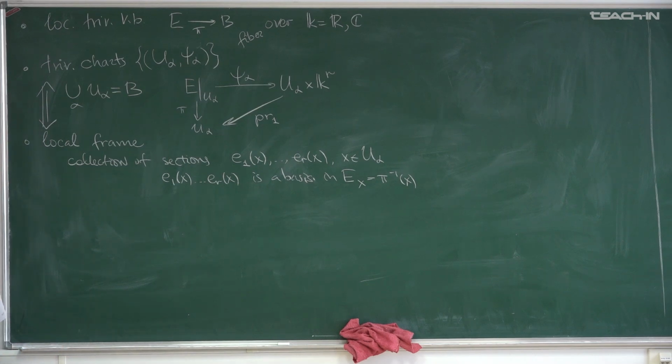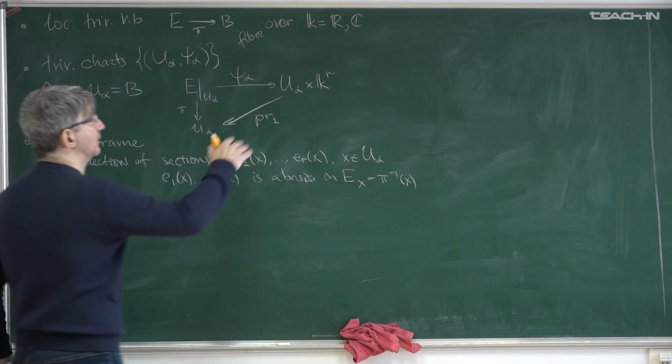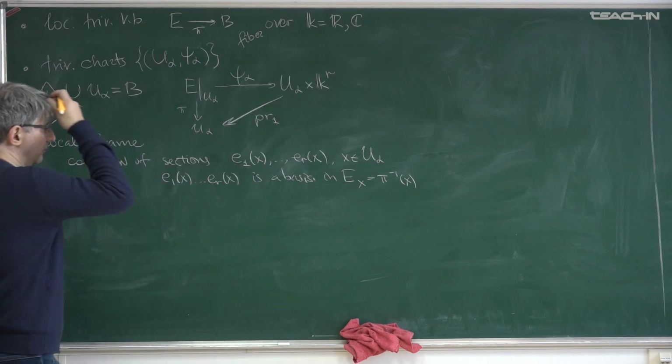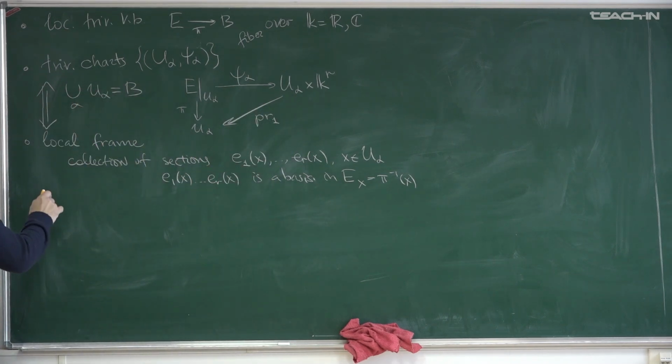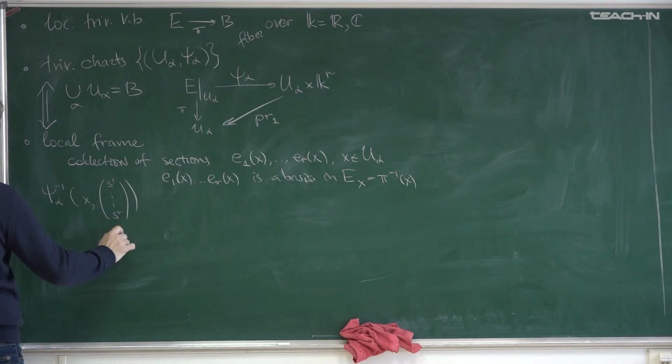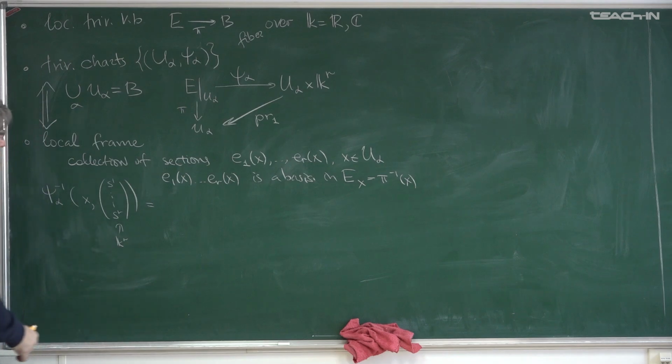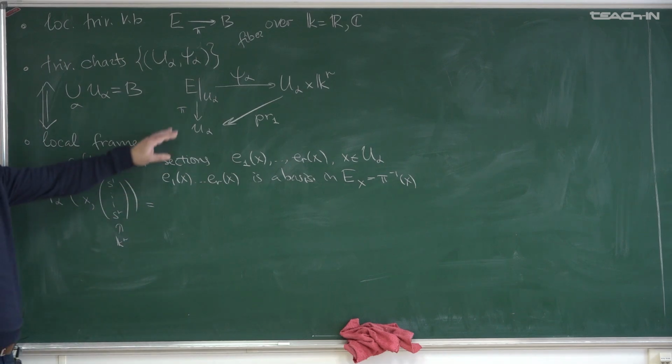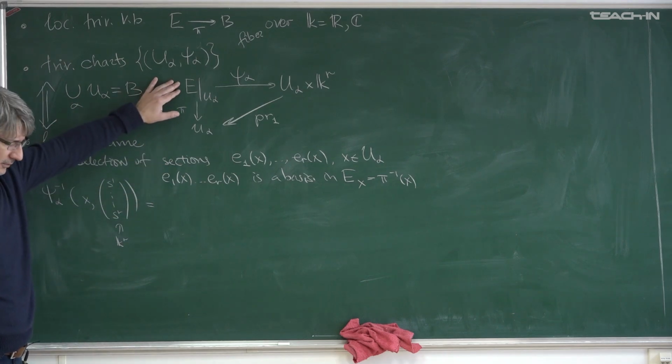So the formula which relates this thing and that thing is very simple. Psi alpha inverse of a point x and a collection of numbers, so this is a vector from K^r. I should write a point in the total space of the vector bundle.